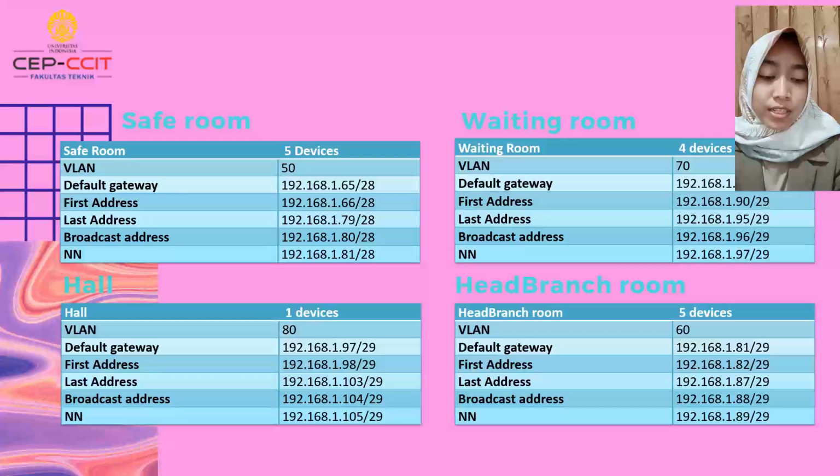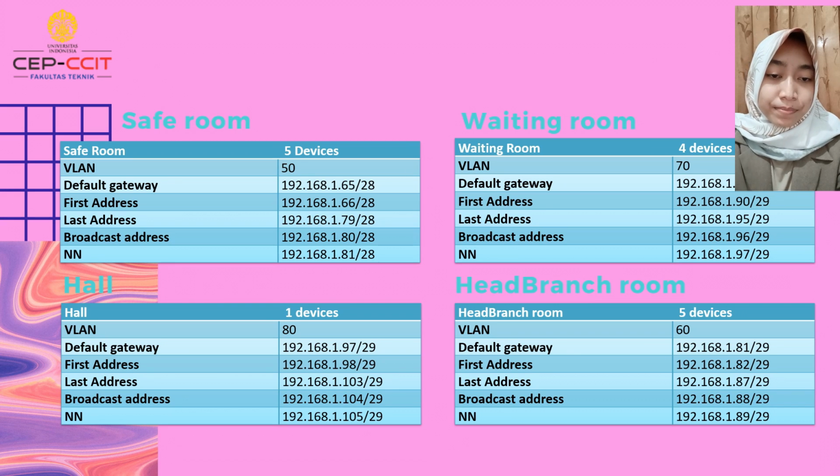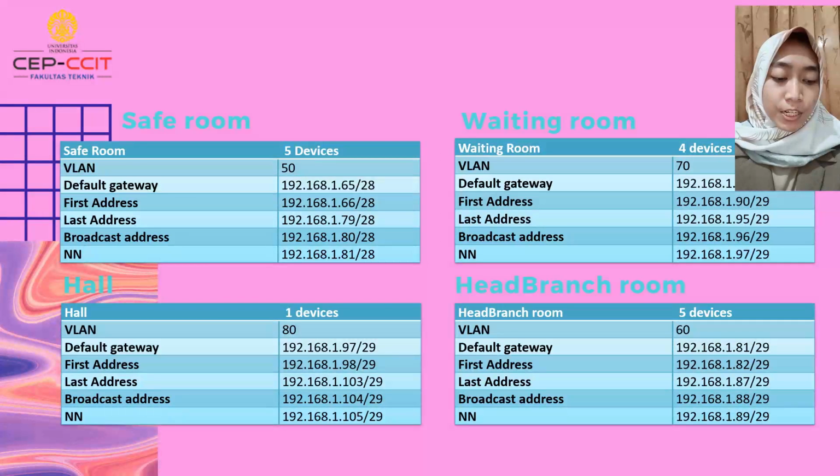Last address consists of 192.168.1.103/29. Broadcast address consists of 192.168.1.104/29. Next network consists of 192.168.1.105/29.